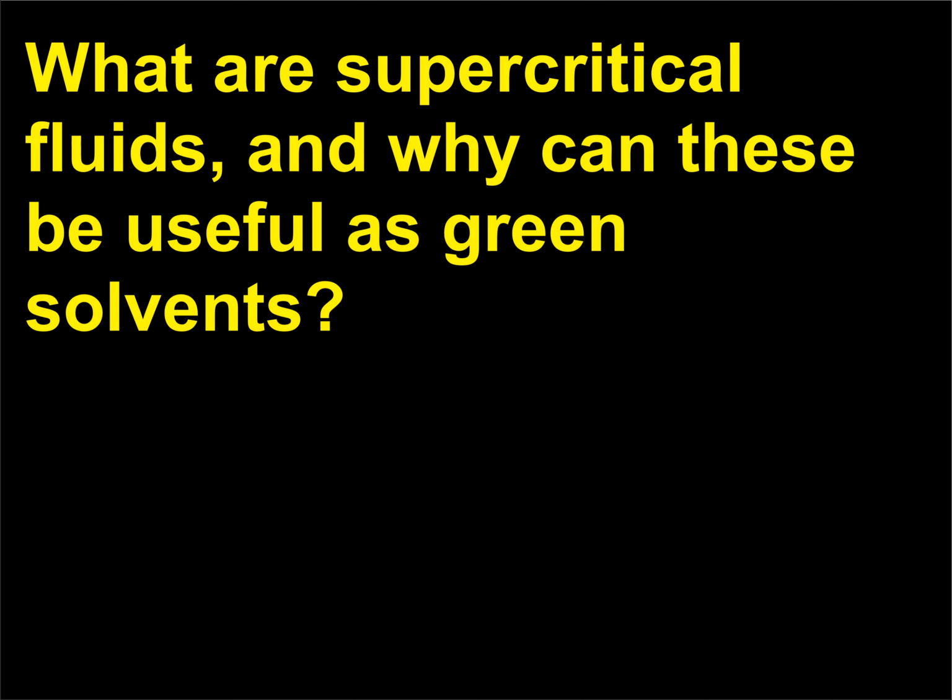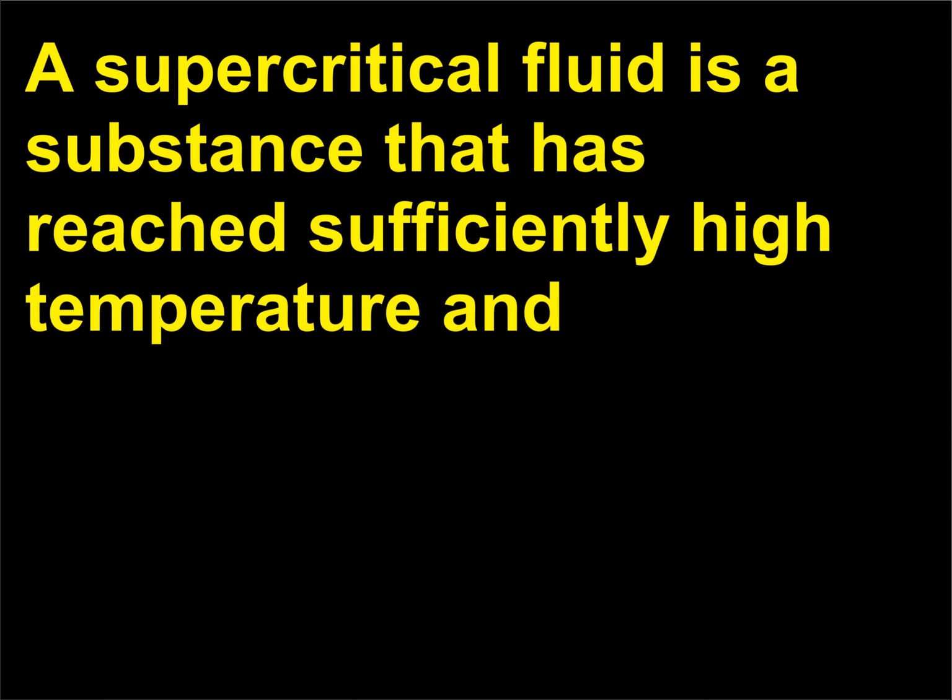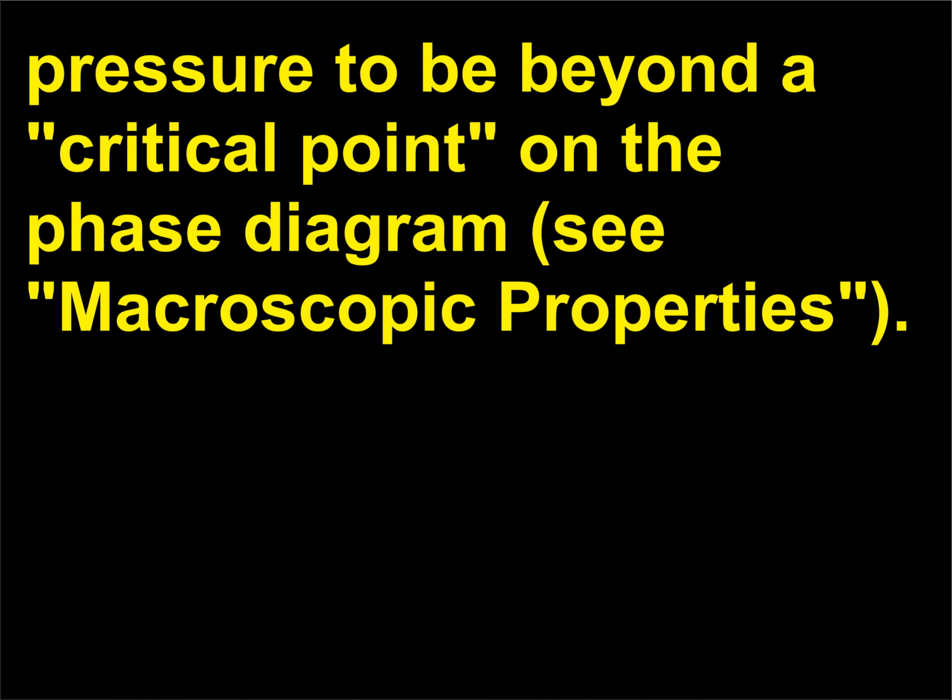What are supercritical fluids, and why can these be useful as green solvents? A supercritical fluid is a substance that has reached sufficiently high temperature and pressure to be beyond a critical point on the phase diagram.